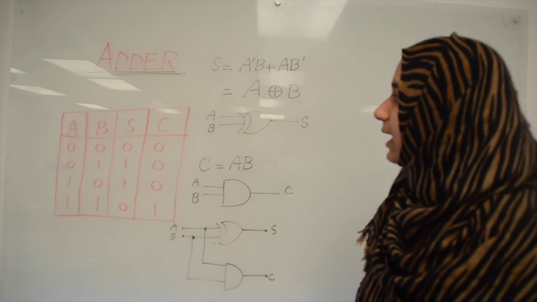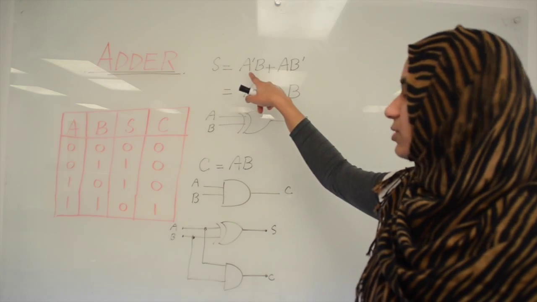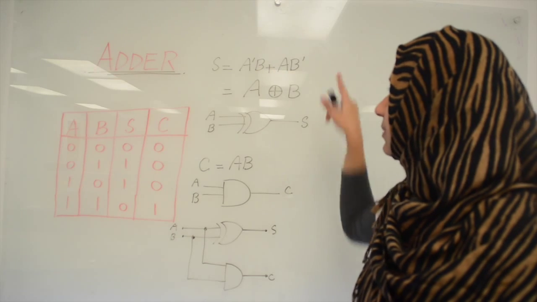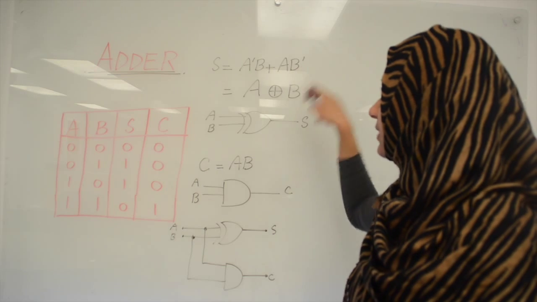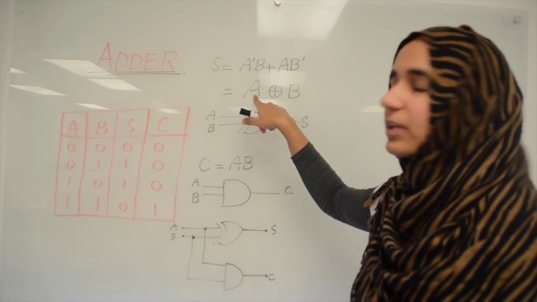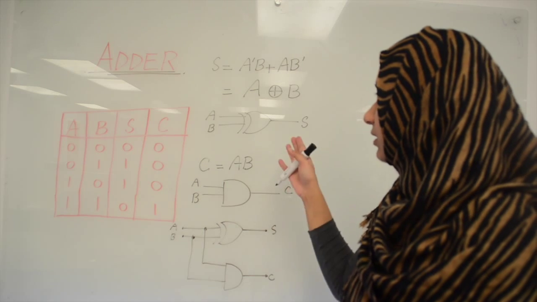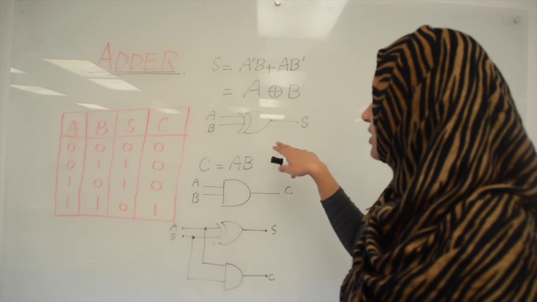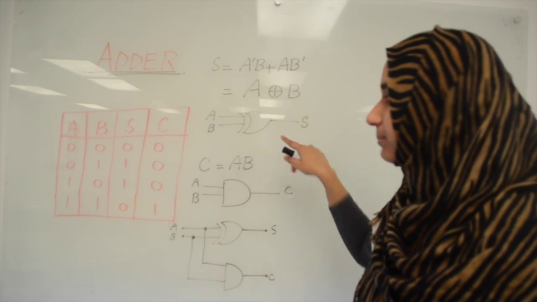So if you write this in the form of an equation, this would be the case. S is equal to A'B + AB', which is actually a compressed form of an XOR gate. So we will write it as A XOR B. And the circuit corresponding to this equation will be S is actually the XOR of A and B.